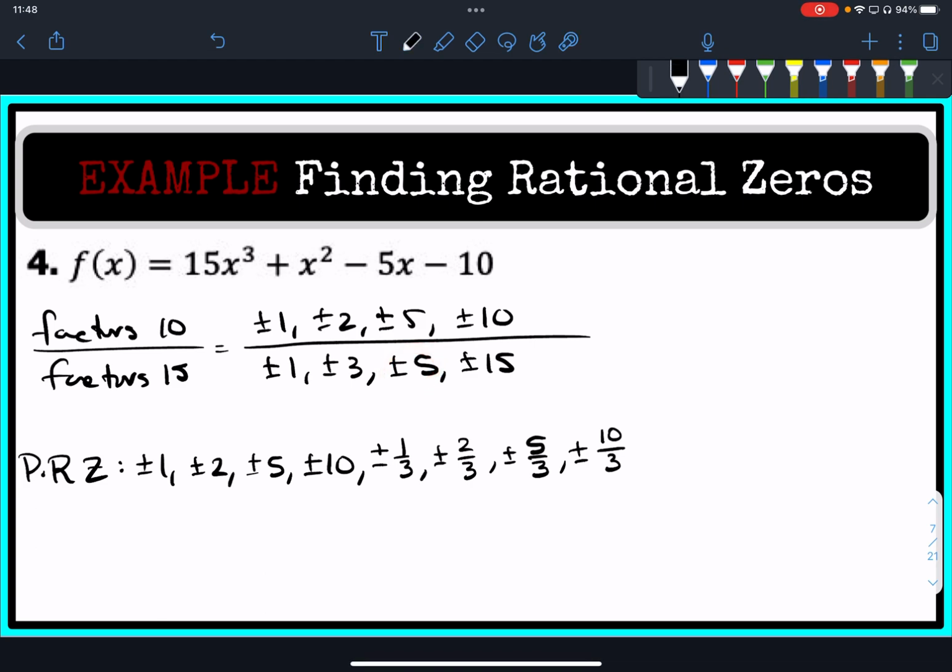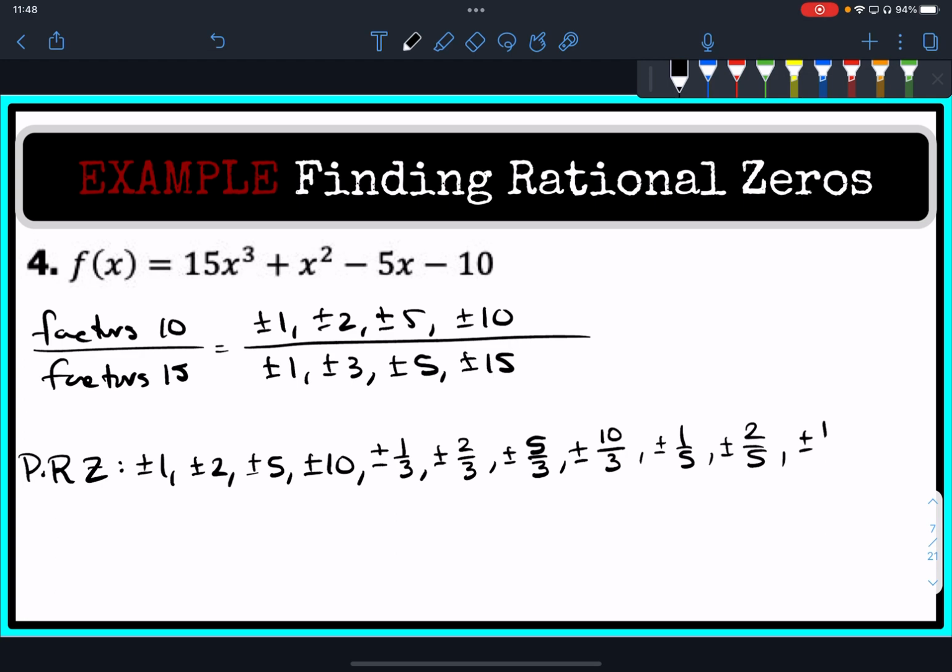So 1 over 5, 2 over 5, 5 over 5 is 1, which is already in the list, and 10 divided by 5 is 2, which is already on the list. And then divide them all by 15 now.